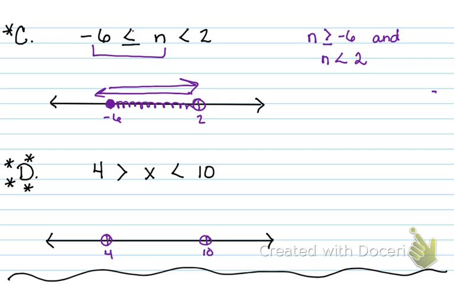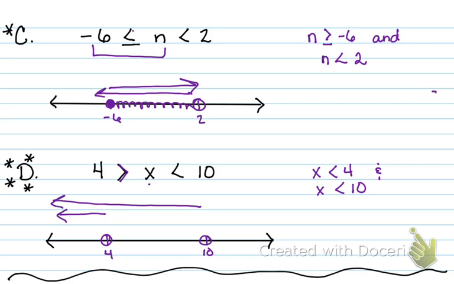Remember, if we need to set this up individually, this is saying x is less than 4 and x is less than 10. So let's do our guidelines. So x is less than 4 goes this way. X is less than 10 goes this way.